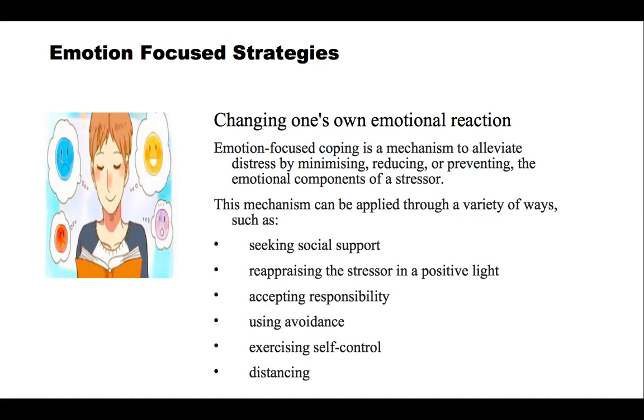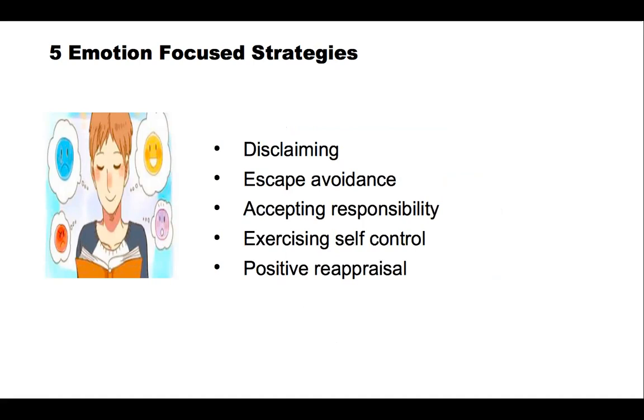So this mechanism can be applied through a variety of ways, such as seeking social support, reappraising the stresses in a positive light, accepting responsibility, using avoidance, exercising self-control, as well as distancing. So the five emotion-focused strategies are disclaiming, escape avoidance, accepting responsibility, exercising self-control, as well as positive reappraisal.